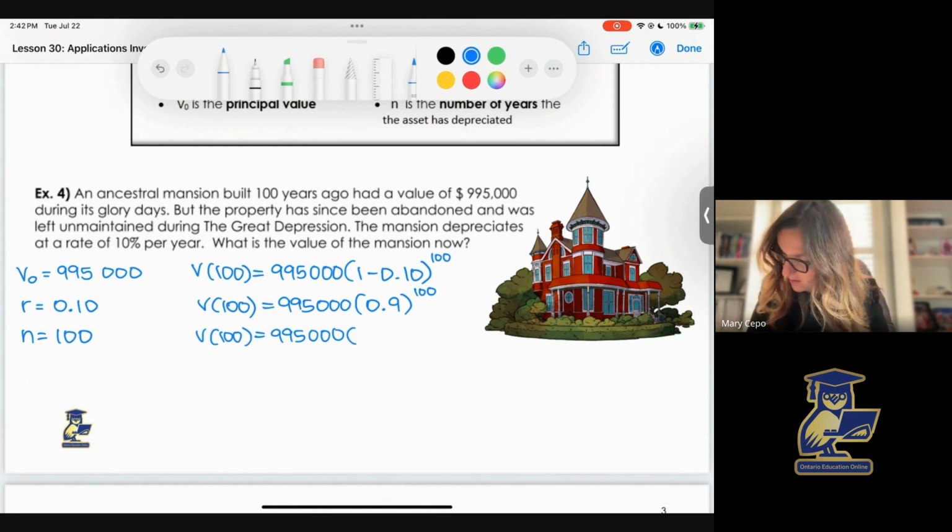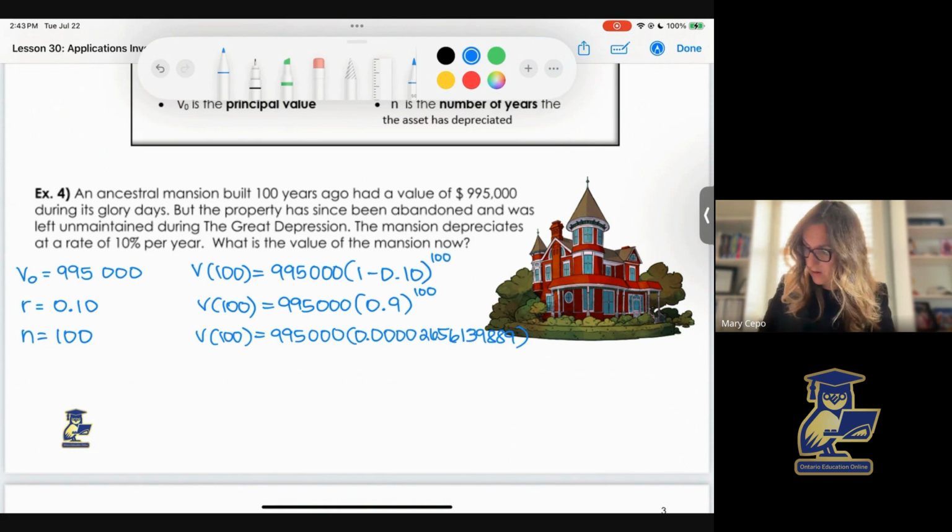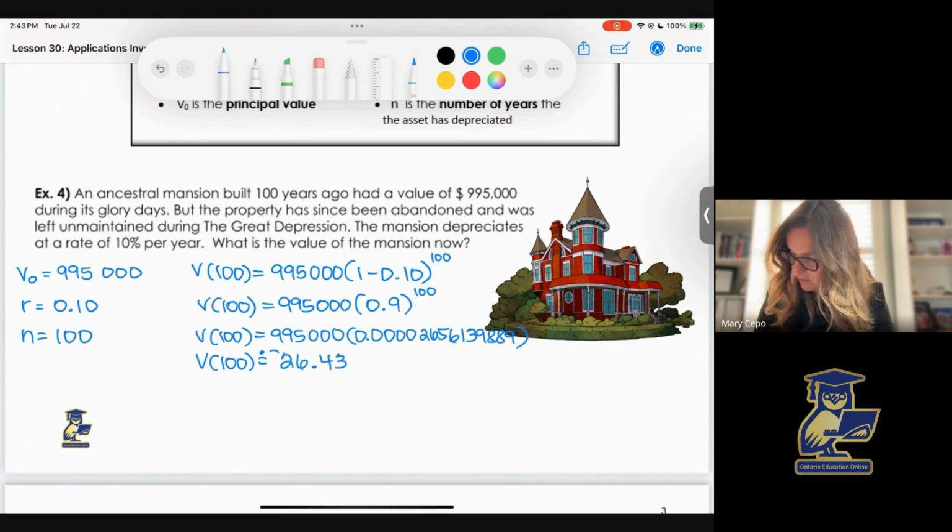It's going to be 0.0000265613989, and we're going to multiply that by 995,000. Oh boy, the 100. If it depreciates at this rate, it's going to be $26 and about 43 cents, because remember, we always round to 2 decimal places.